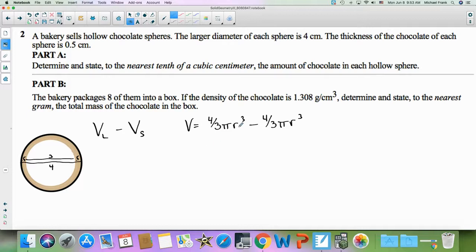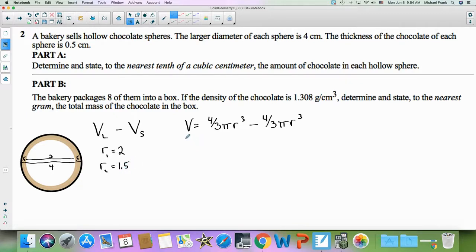So we really need to decide what's the radius of the larger and what's the radius of the smaller, right? We have two r's, like r1 and r2. Well, our r1 of the larger is going to be half of 4, which is 2. And the radius for the smaller is going to be half of 3, which is 1.5.